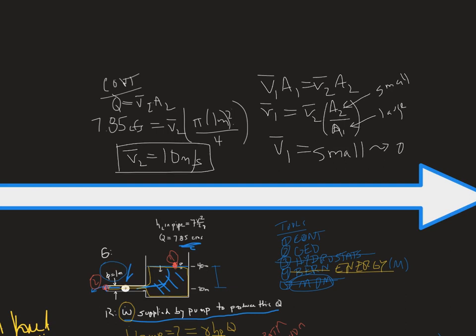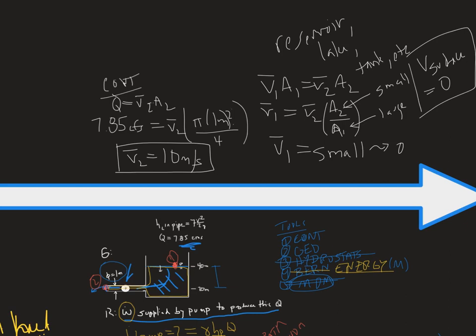Anytime you have a reservoir, lake, tank, etc., V at the surface equals 0. It's because the ratio of these areas is very big. Try to imagine, if you went out to Lake Tahoe, and you said, I'm going to drain this whole lake.